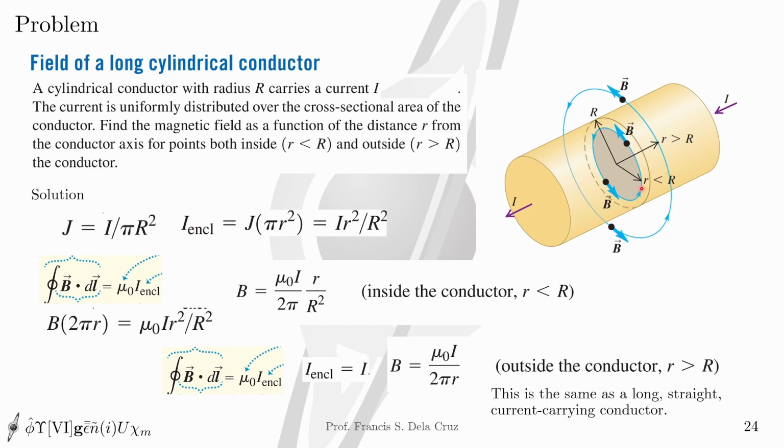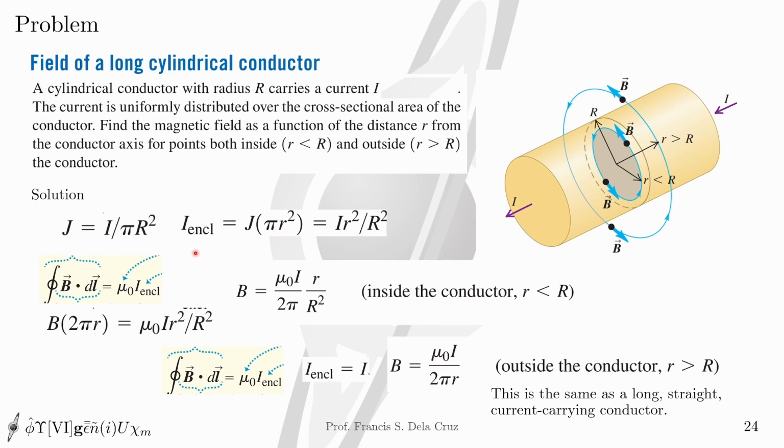The first one is a path with a radius less than R, the radius of the long cylindrical conductor, and also another path that is beyond the radius of the wire. So for the first case, r less than capital R, it means that the radius of the closed path is less than the radius of the cylindrical conductor.